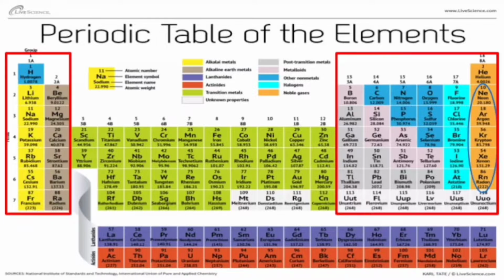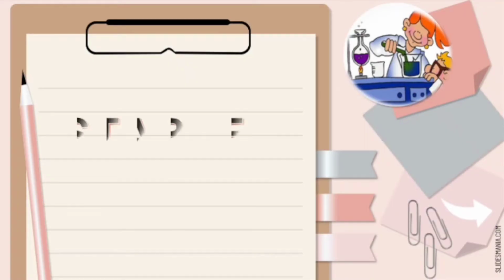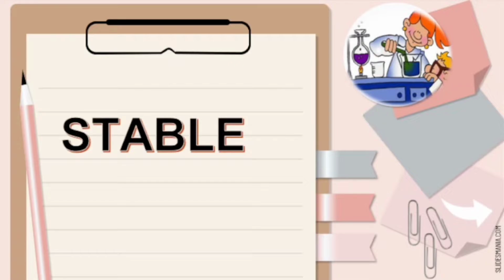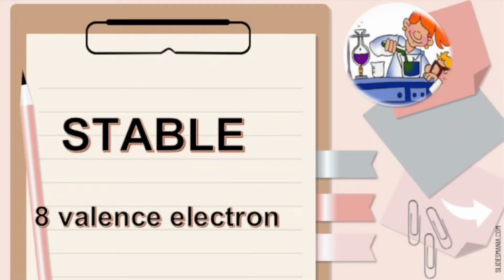Group 8A, except helium, are called noble gases. Noble gases do not combine with other elements because they are already stable. Remember that man's goal is to become stable. That is why they tend to combine with other elements, and they need 8 valence electrons to attain stability.